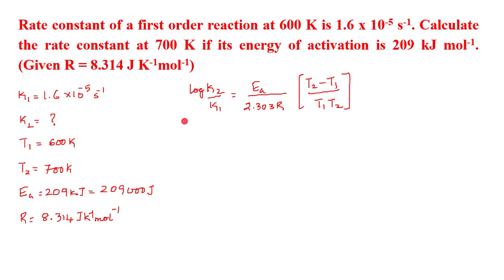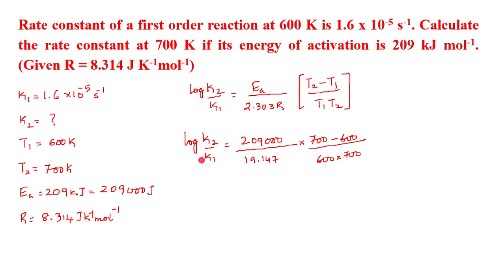I'll keep log of K2 by K1 as it is, equal to 209,000 divided by 19.147 into 700 minus 600 divided by 600 into 700.